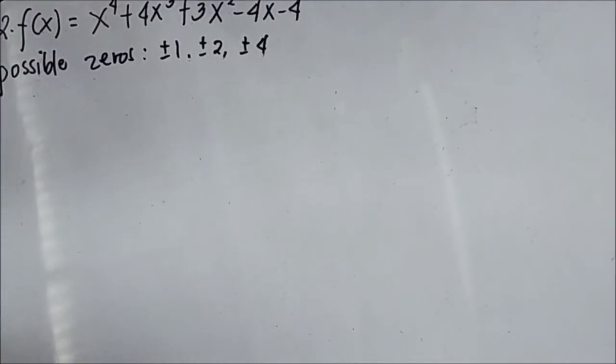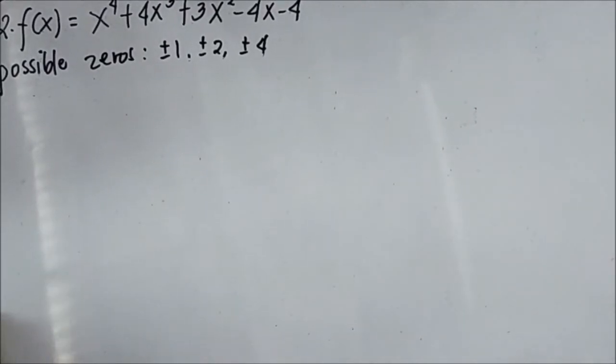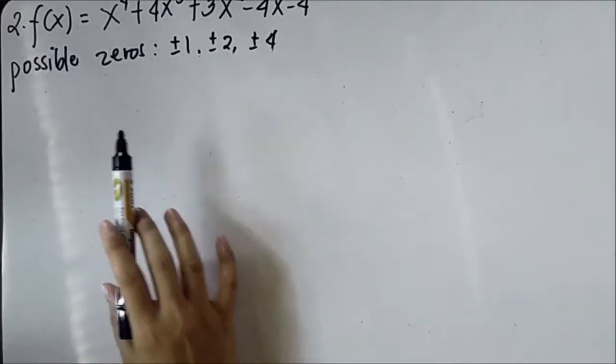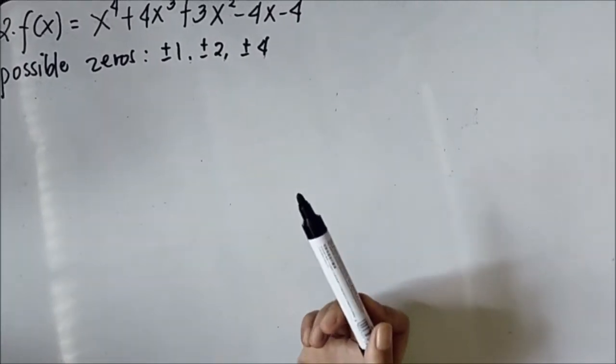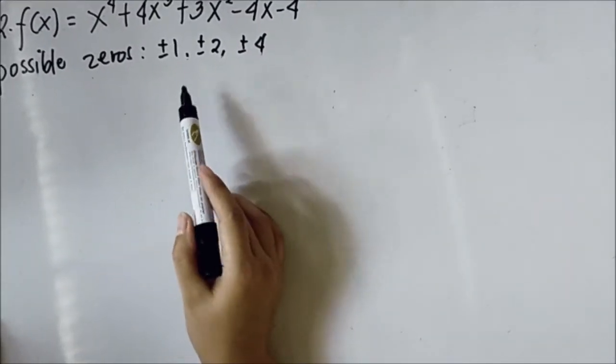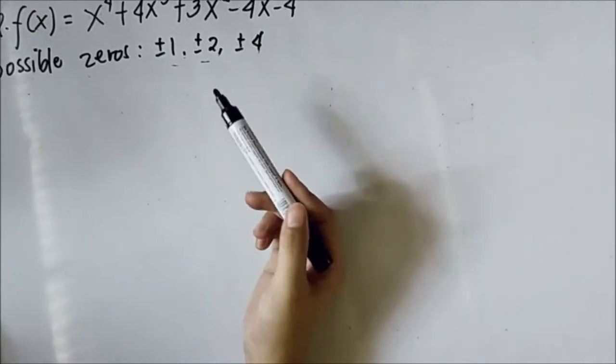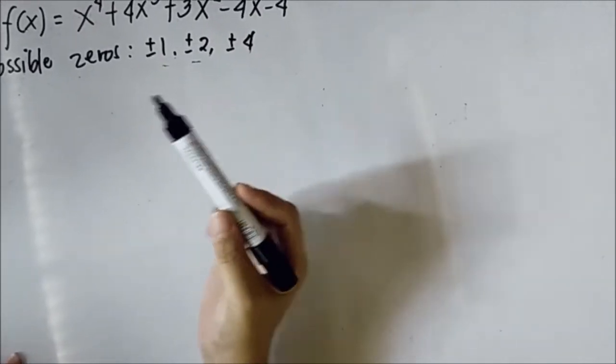F of x is equal to x to the 4th plus 4x cubed plus 3x squared minus 4x minus 4. So I need to identify first the possible zeros so that we can reduce the equation. So we have positive and negative 1, positive and negative 2, positive and negative 4. So let's choose positive 1.